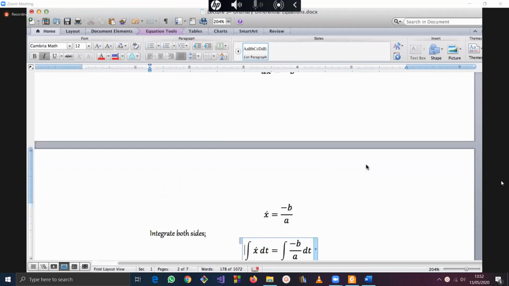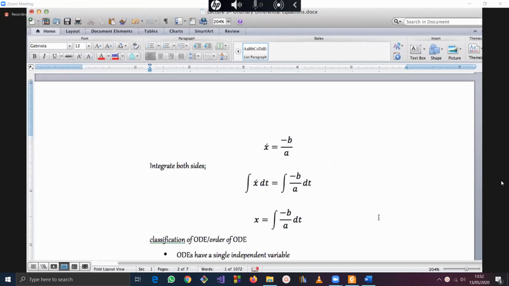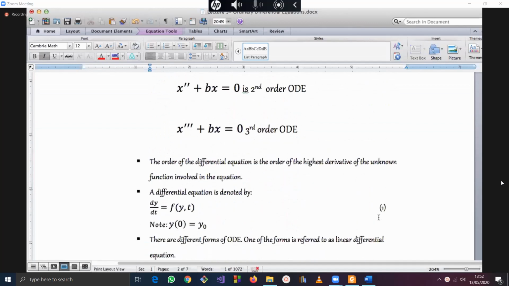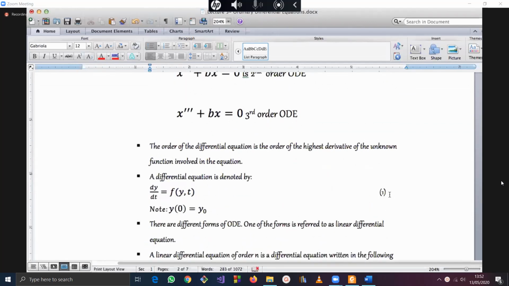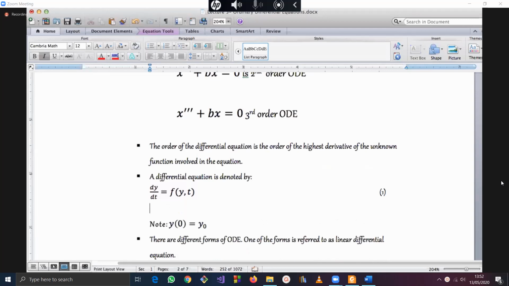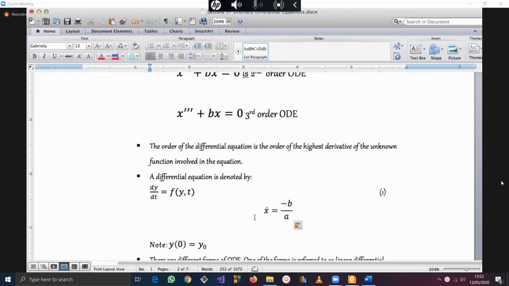Sorry. When we reached here, that when we met that to be the subject, it is the same here. In this particular case, we can say this section is the dy dt, and this section is what we are calling function of y and t, right?